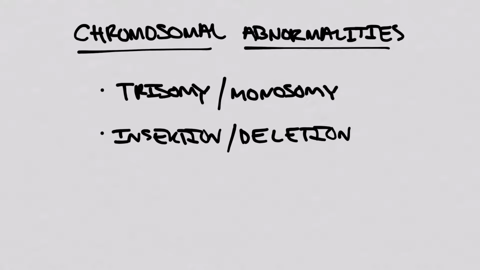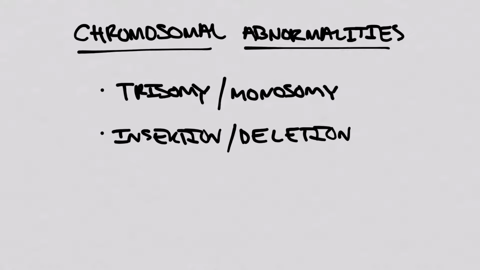A point mutation is just a single base pair that's been deleted or inserted, which potentially changes the coding sequence of a gene, so that every codon from the point at which the switch was made is changed. But this is a large-scale insertion or deletion, where a large portion of the chromosome has either been inserted or deleted.